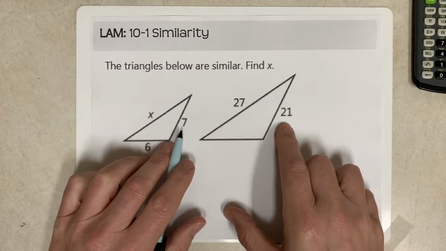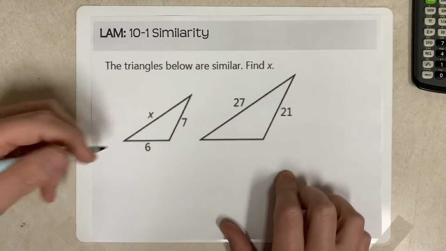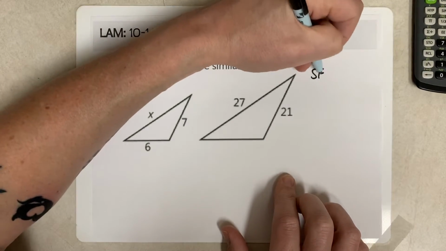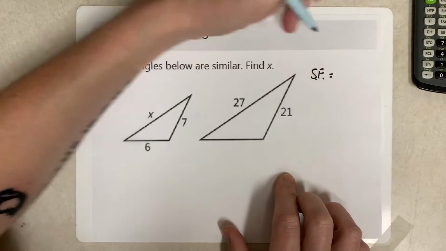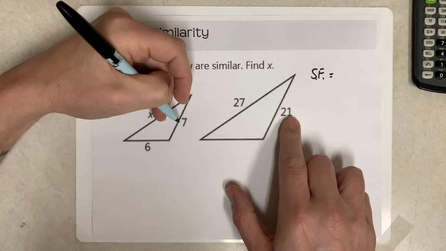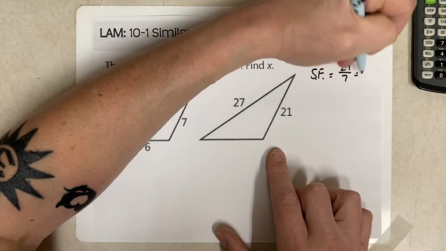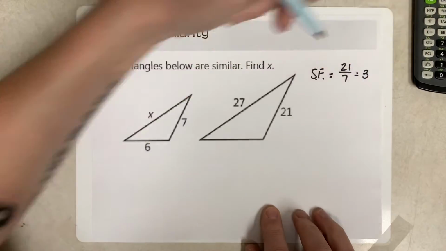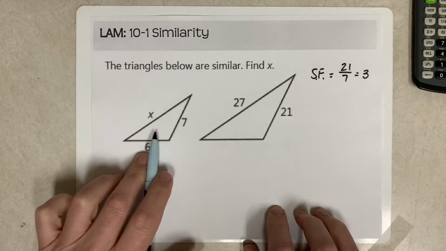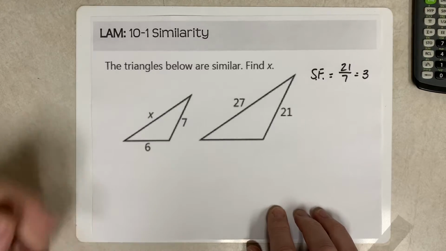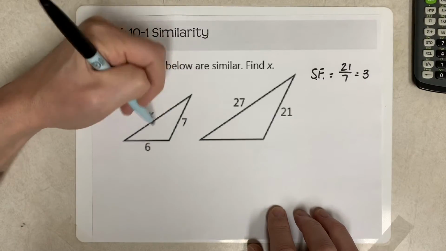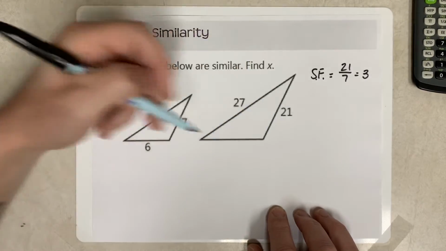So basically we can do these two. The scale factor, I'm going to abbreviate SF. Let's do 21 and 7. So 21 over 7 is equal to 3. So the scale factor to go from the small one to the big one is 3, which means if I multiply these side lengths by 3, I'll get the other ones.